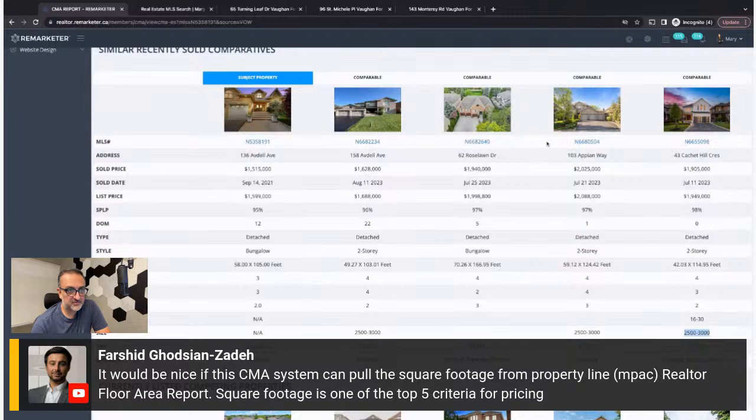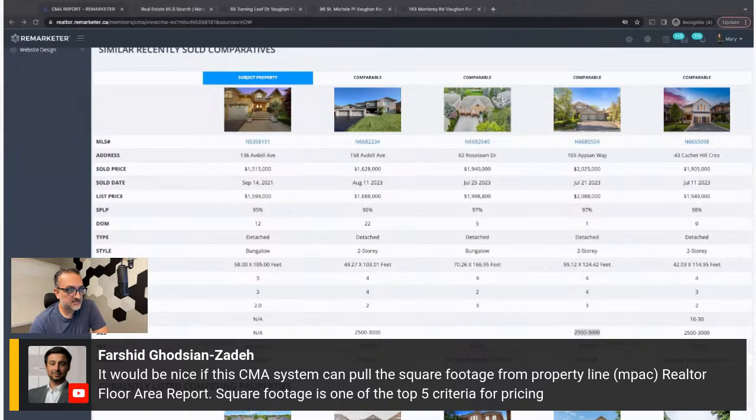So you can see that the sizes are pretty much the same, at least for these 3, but some other important factors are quite different. For example, this one has 3 garages compared to this one, or this one is 59 and 49 compared to 42, so a smaller lot size right there. This is all about the building size, but you're right. Unfortunately, we don't have access to MPAC, and that's why it's different. It's not as specific as it is there.